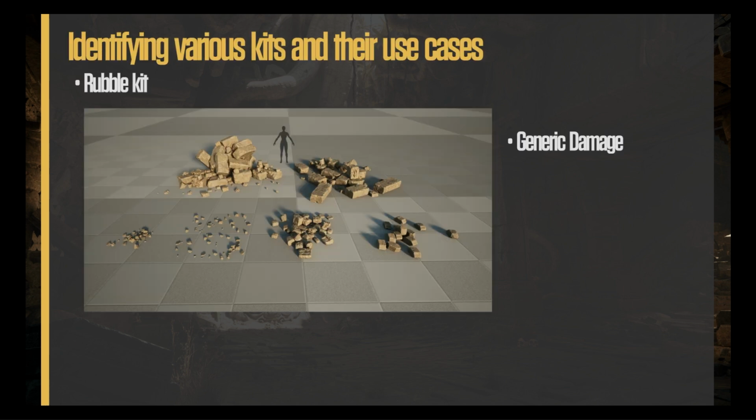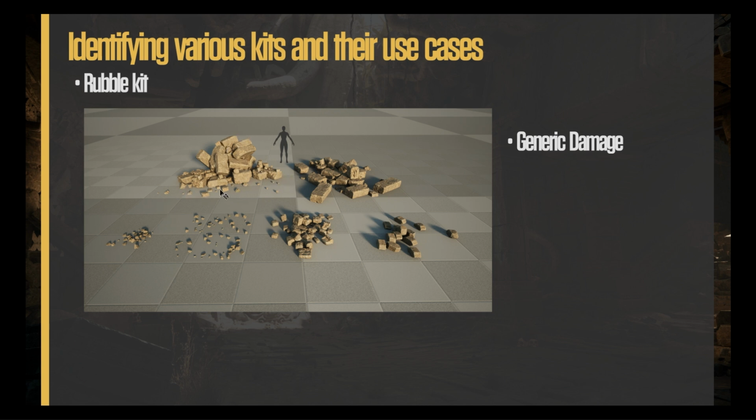Okay, so the first type of kit is just a rubble kit, which is basic geo. As you can see, it's a ton of random rocks and destruction stuff, also leaning onto what we just went over, having something that reads well or has a readable shape.